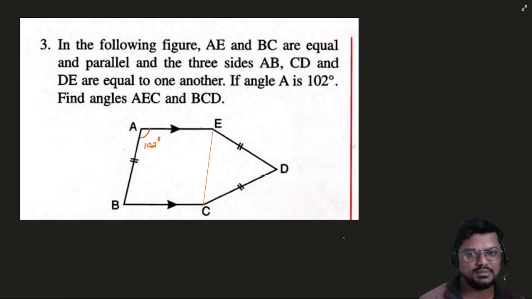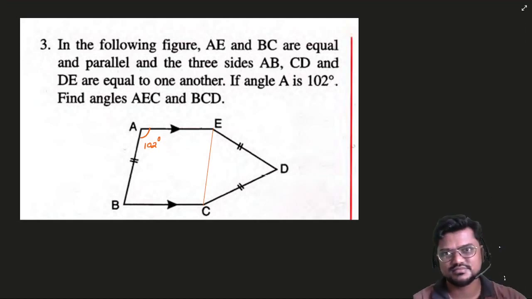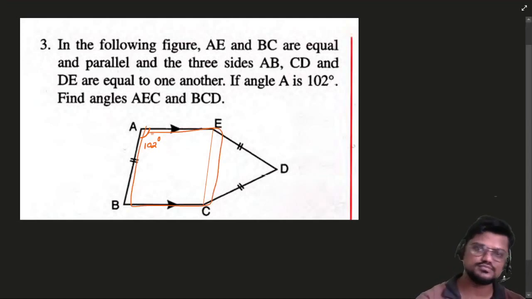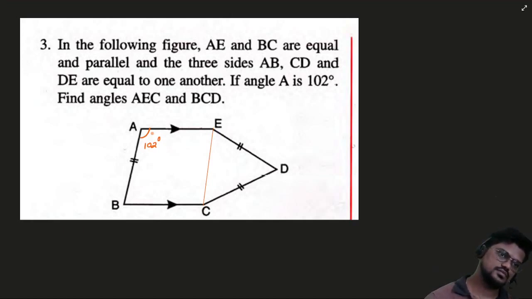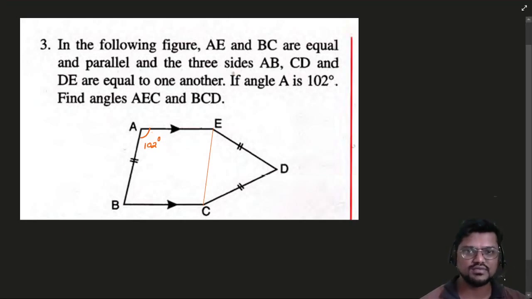What will be quadrilateral ABCE? Sir, the opposite sides are equal and parallel, so we can say parallelogram. Yes. They are parallel and equal also. They have given AE and BC are equal also, no? If it is parallel as well as equal, it is a parallelogram only.